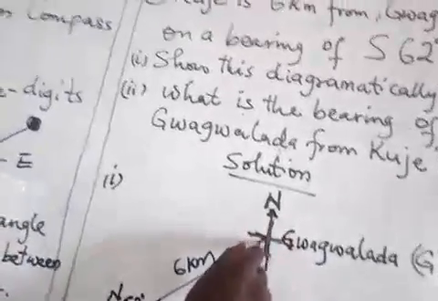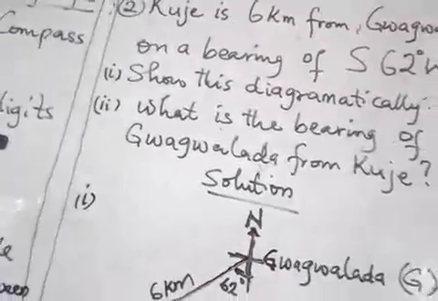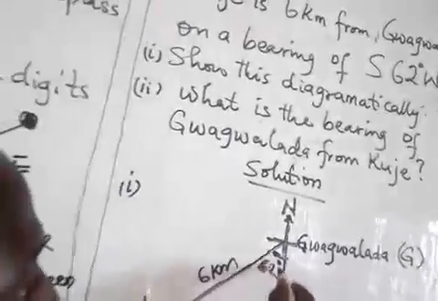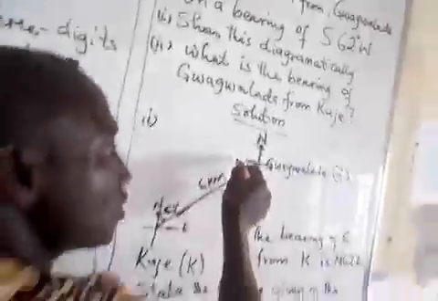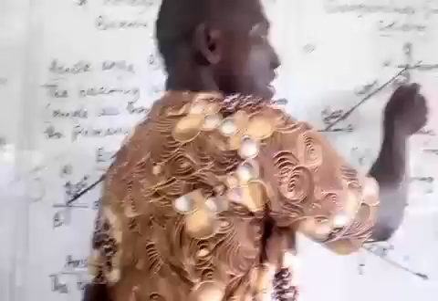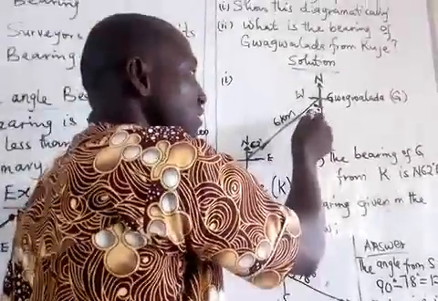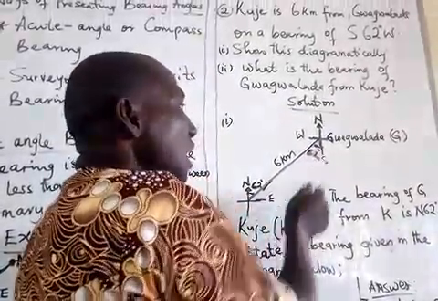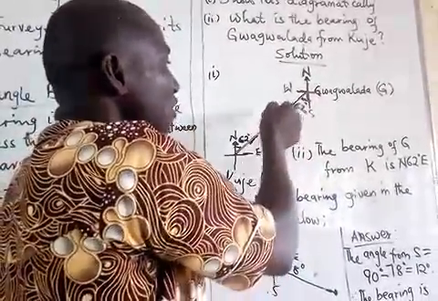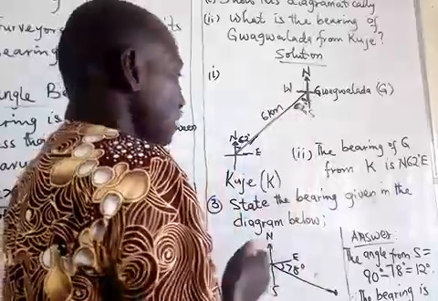So I draw the line, then the angle here is 62 degrees in the southwest direction. This is the western direction, so turning from the south, you get to the west by 62 degrees. The line from there to Kuje is 6 kilometers.